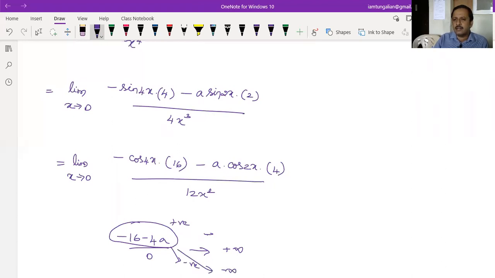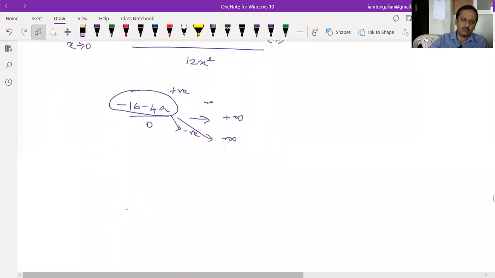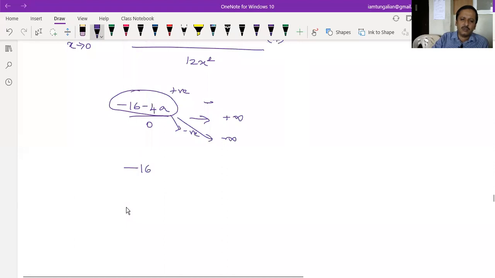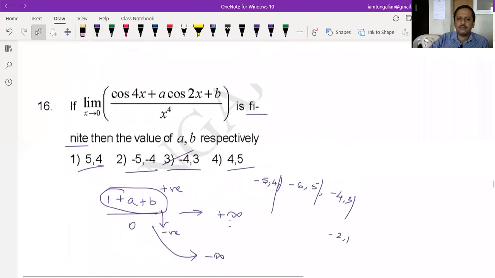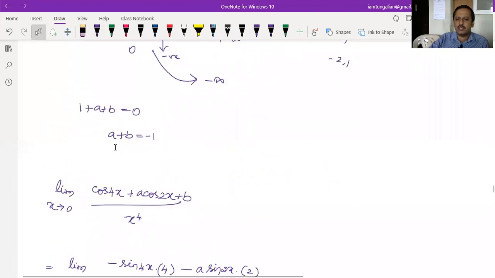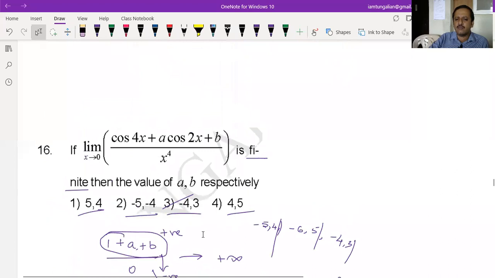But given that this limit is finite, this numerator must be equal to 0. So minus 16 minus 4a equal to 0, hence 4a is equal to minus 16, a is equal to minus 4. Substitute here, you get b is equal to 3. Therefore, minus 4, 3 is the answer.